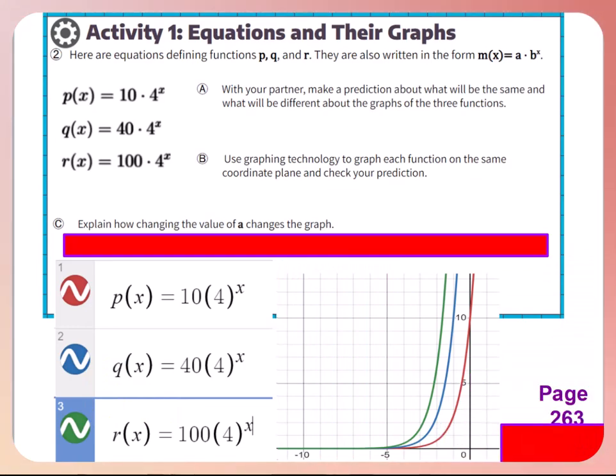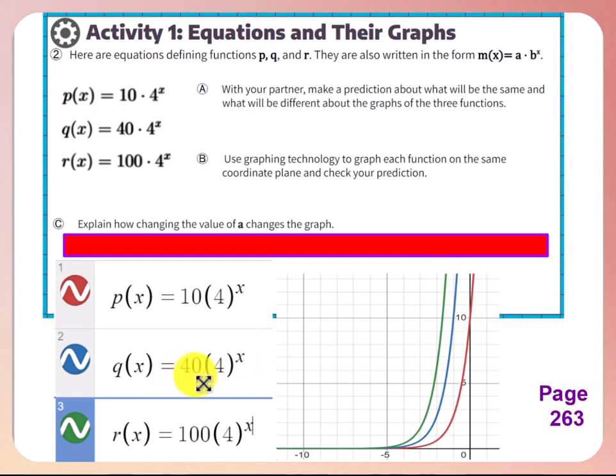All right, this is what the graph looks like. Okay, the first one, when we start with an initial amount of 10, it's going to start here, and it's going to go up from there.